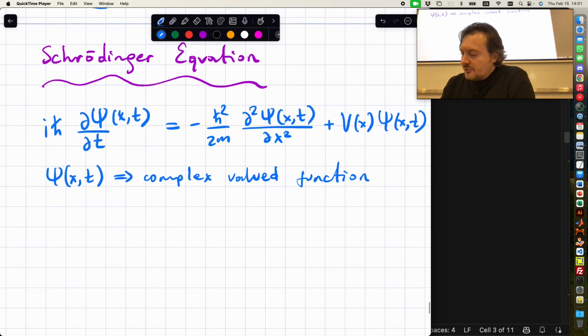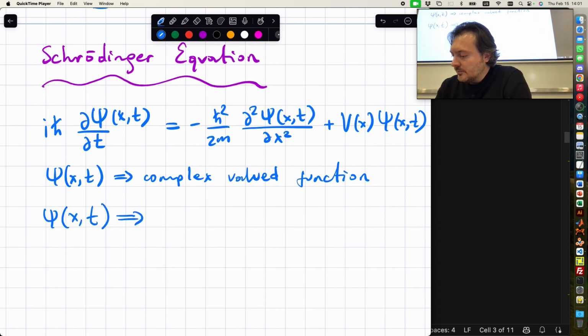Schrödinger's equation would take you from psi(x,t) to psi(x,t plus delta t), no problem.